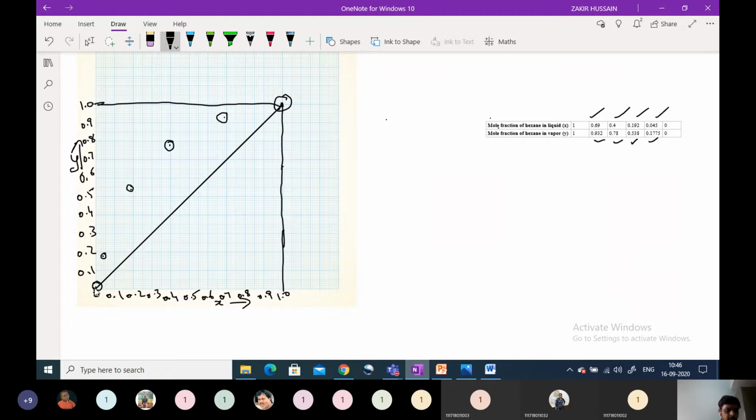So now we have to connect our equilibrium curve. This is equilibrium data, so we need to connect our curve.